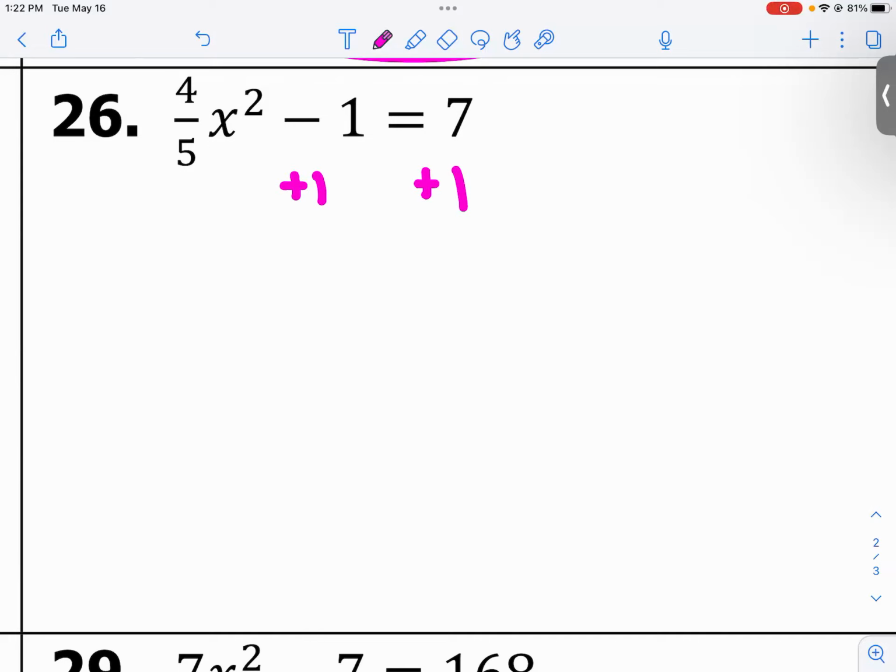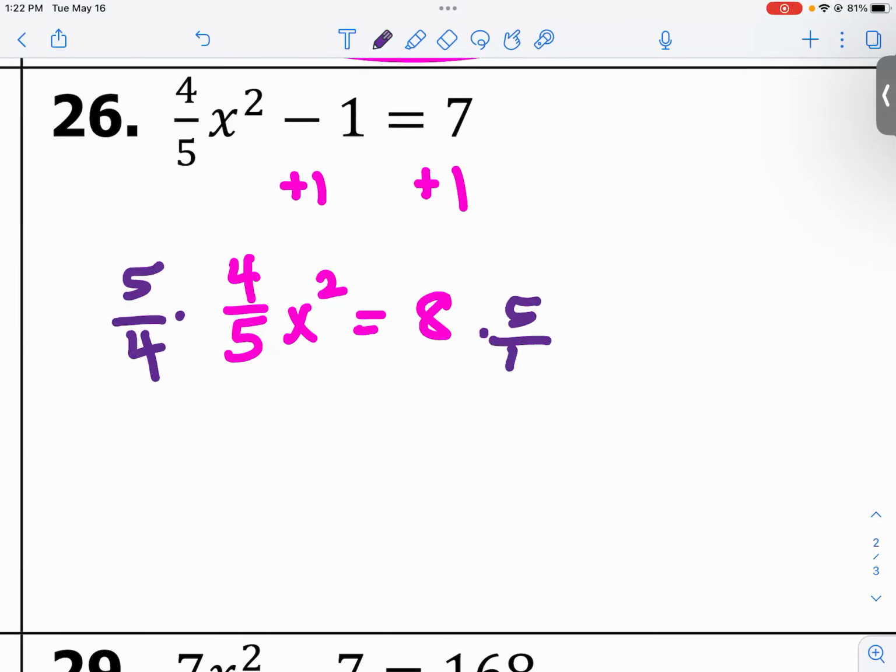I'm gonna add 1, and we have 4/5 x squared equals 8. Reagan, it's a test. How do I get x squared by itself, Reagan? We can multiply by the reciprocal, 5/4.